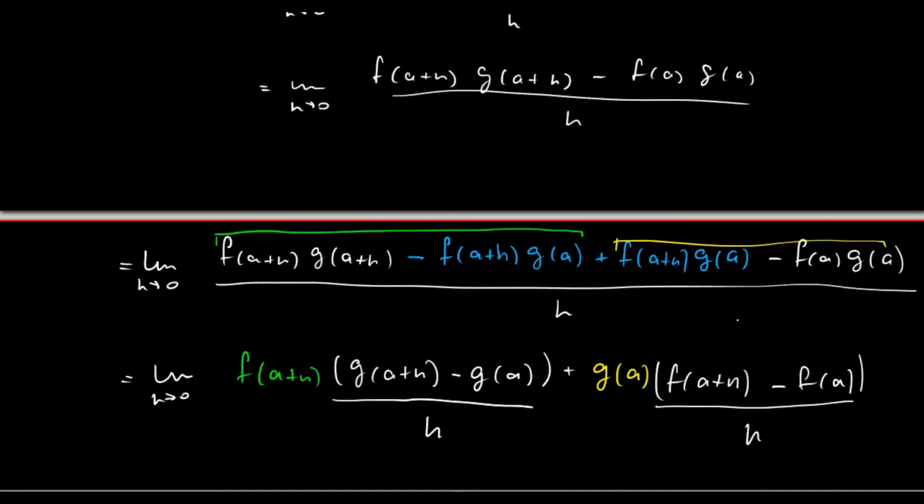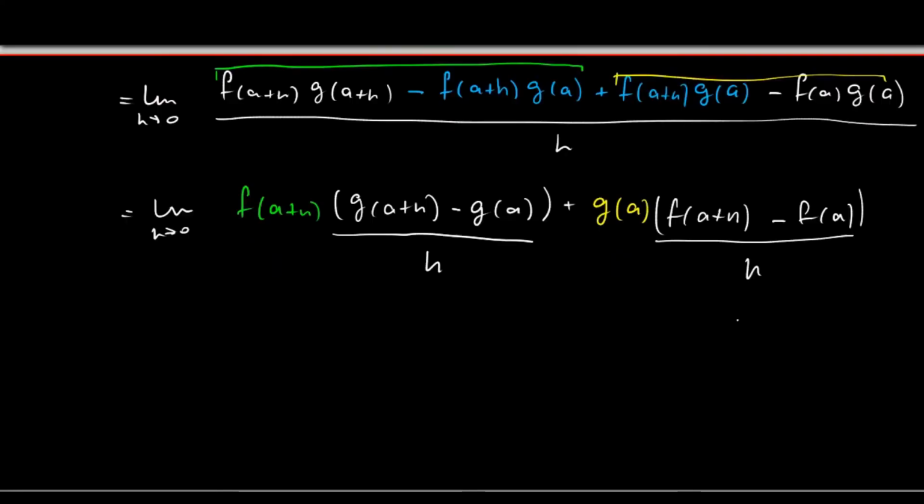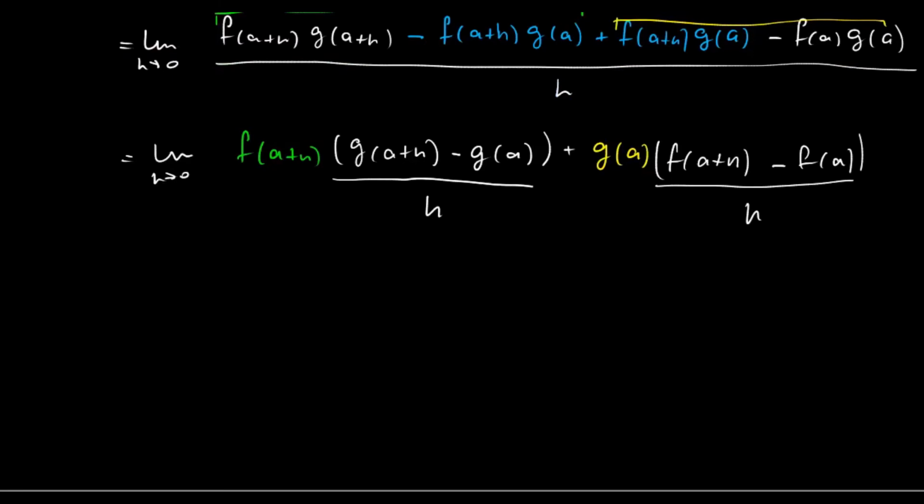These are equivalent expressions. So now let's think for a minute about this limit. f in a plus h, as f is continuous, because f was differentiable and we saw in the previous video that differentiable implied continuity, then this will tend to f in a when h tends to 0.